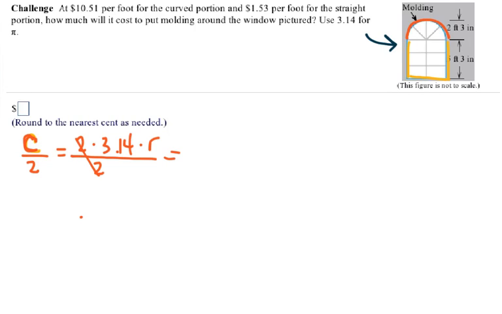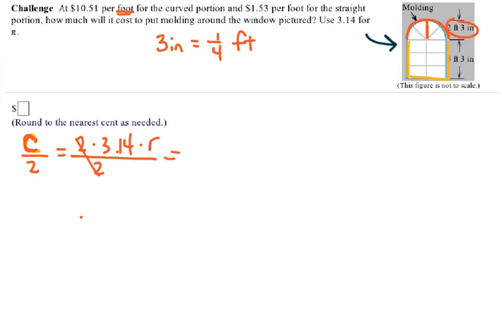Now the radius of this is right here, which they say is 2 feet 3 inches. However, we have to figure it out in feet. So hopefully you know that 3 inches is 1/4 of a foot, because there are 12 inches in a foot. So 3 divided by 12 is 1/4.